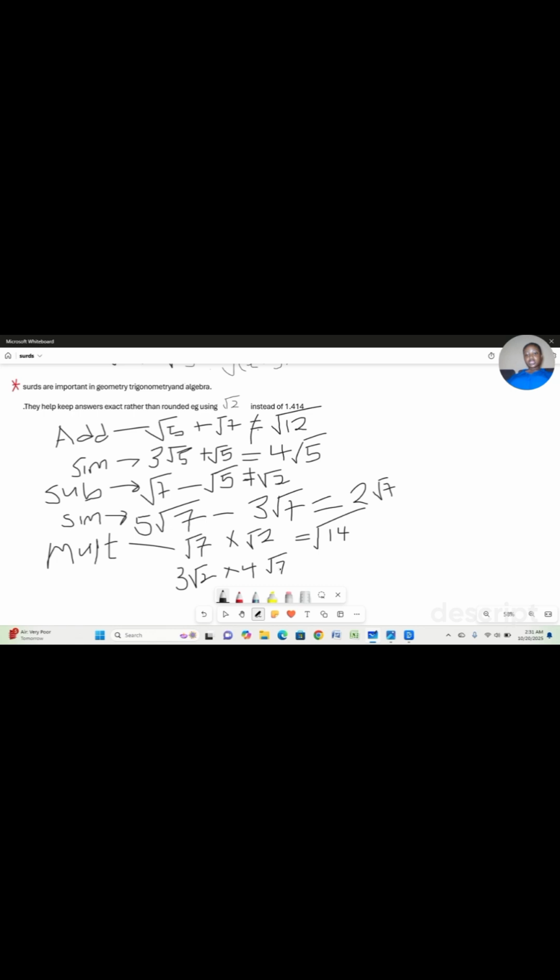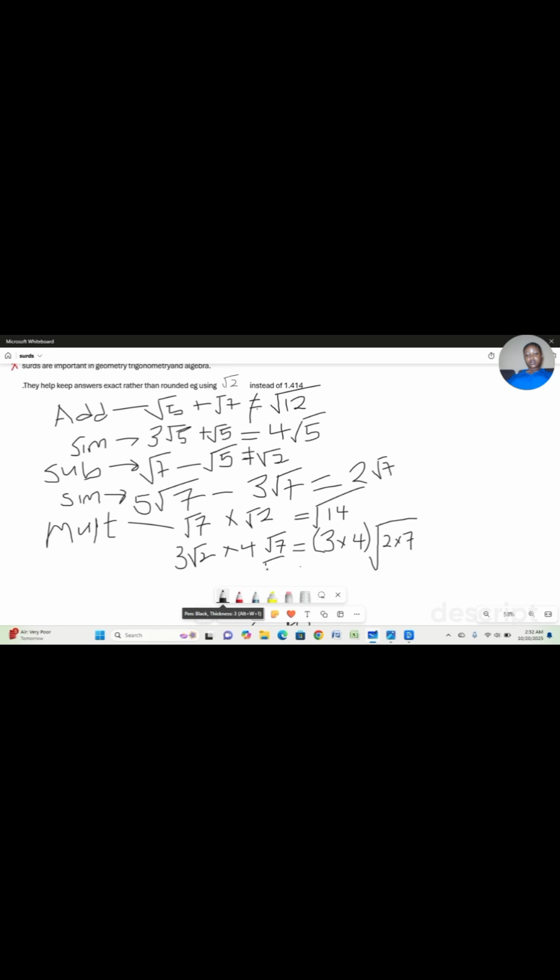They are different roots, so you multiply 3 times 4, then you take root 2 times root 7, which is going to give you 12 root 14.